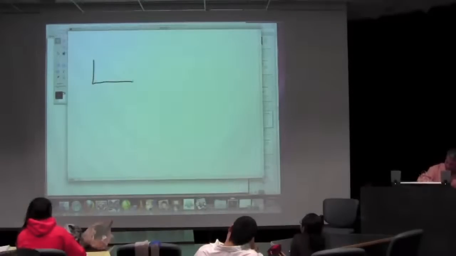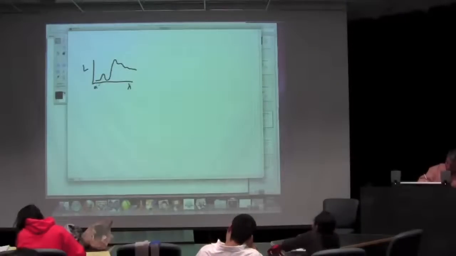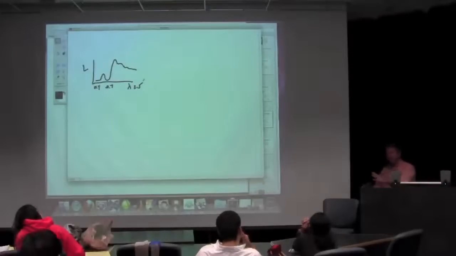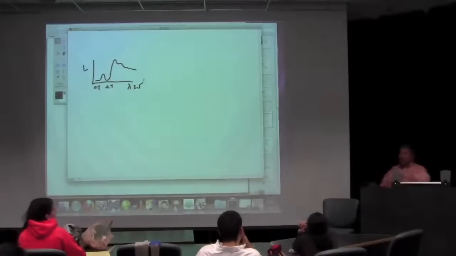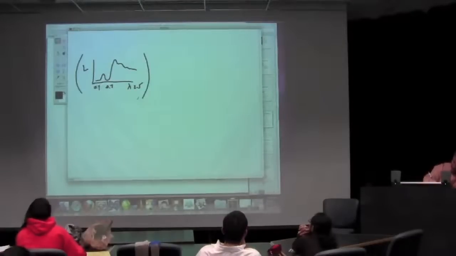All right. So, if I have a radiance as a function of wavelength, and let's say I have something like vegetation, from 0.4, 0.7, and up to about 2.5 microns for vegetation, and I take that signal and put it into my Michelson interferometer, what comes out on the other end is the Fourier transform of that signal.